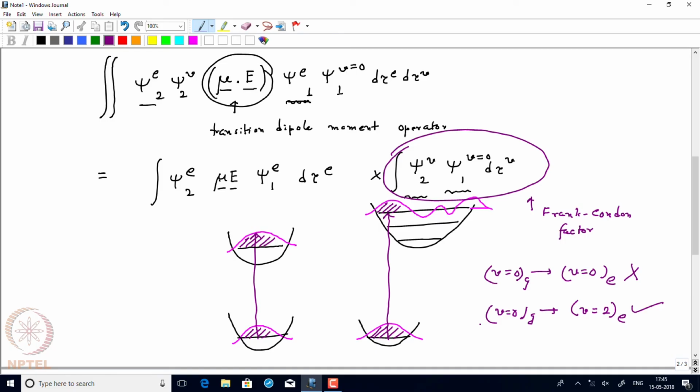Now how these transitions will look like, that we are going to draw, but before that let us have a quick discussion on this part.